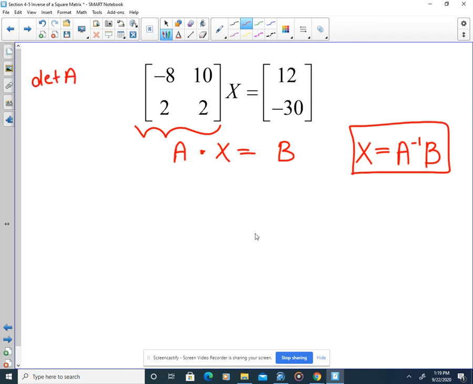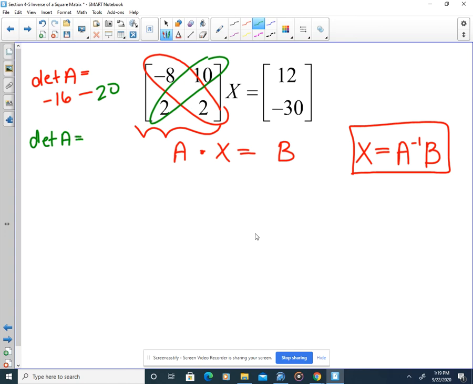So we're going to find the determinant of A first. -8 times 2 is -16 minus 2 times 10, 20. So the determinant of A is -36.